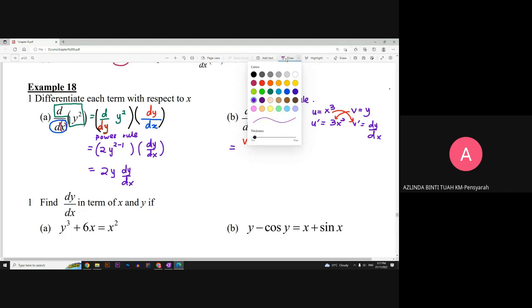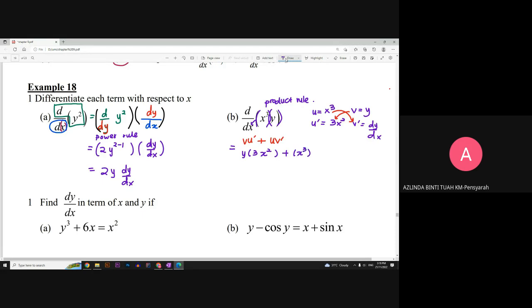What do we have? We have v is y times 3x squared plus u is x cubed times dy per dx. Okay, this is equal to, we just rearrange, and usually we put the coefficient in front of the variable.